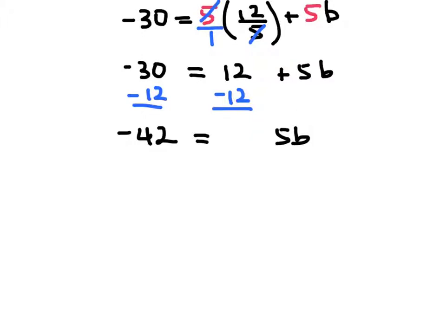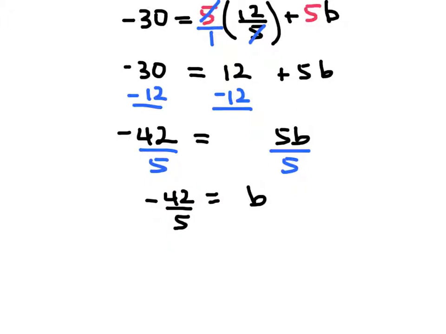Finally, to solve for b, we will divide both sides by 5. Negative 42 over 5 has no common factors other than 1 between 42 and 5, and at this point we're just stuck with taking that as our y-intercept. So we have b equals -42 over 5.